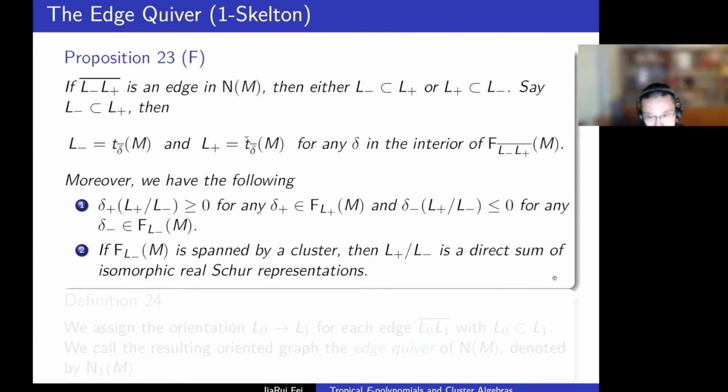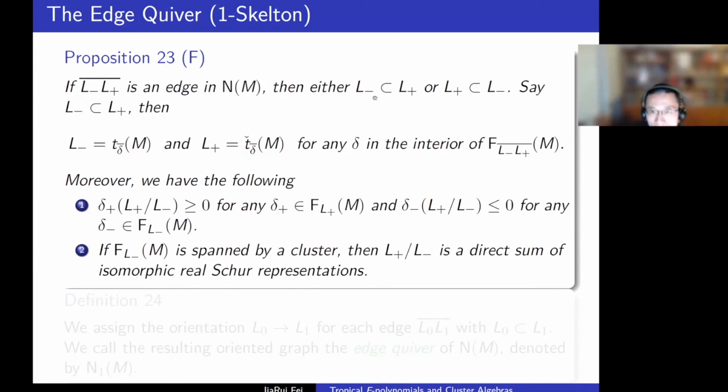By definition, a representation is called real Schur if its Hom is equal to the base field, and the first extension of the representation with itself vanishes, but there is no other requirement for higher extensions. So the quotient is always a direct sum of a single real Schur representation.